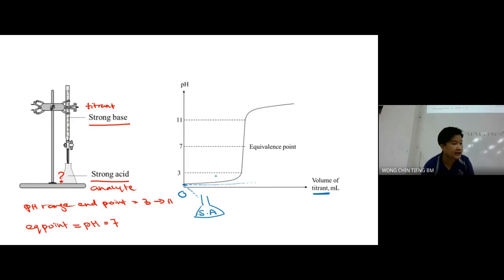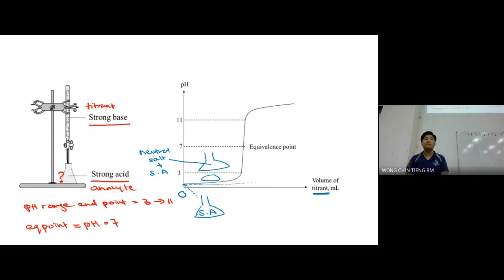Di kawasan tengah-tengah ni, dalam conical flask saya dah ada neutral salt. Saya dah ada garam neutral dan saya masih ada strong acid saya. Setuju tak? Dan kenapa? Sebab belum sampai equivalent point. Nampak tak equivalent point saya?